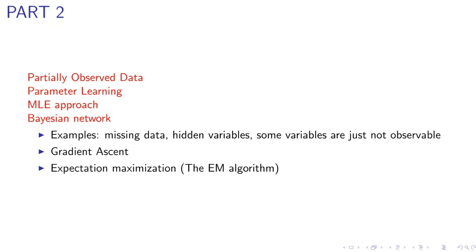Now let us look at the second case, or the second machine learning algorithm type that we are going to discuss, which is parameter learning in Bayesian networks using the MLE approach under the assumption that the data is only partially observed. Okay? Examples of partially observed data abound in the real world.